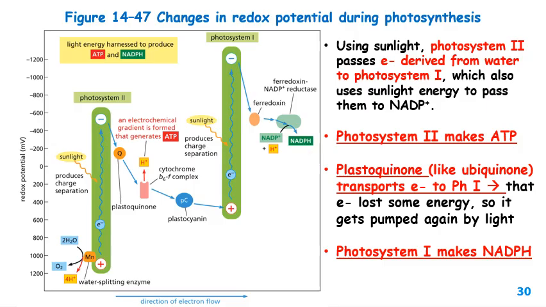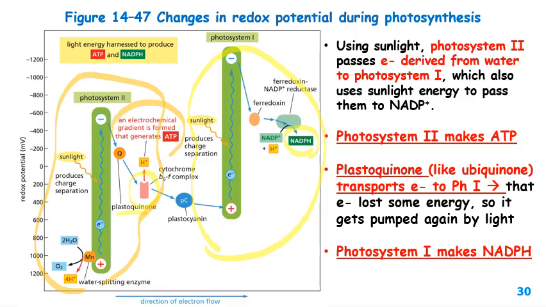Important things to know here also, besides your plastoquinone, is that this is what causes your proton gradient, right? And this is where you get NADPH. So here, for your photosystem 1, you're going to end up with NADPH. For your photosystem 2, you're going to end up with ATP. Okay?